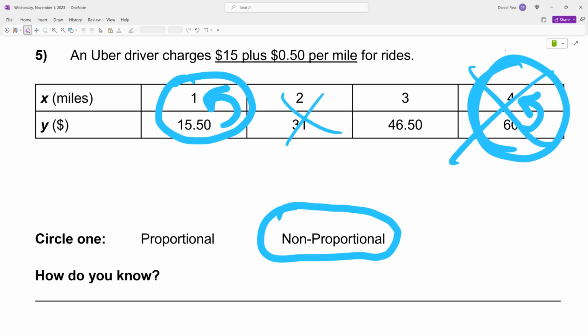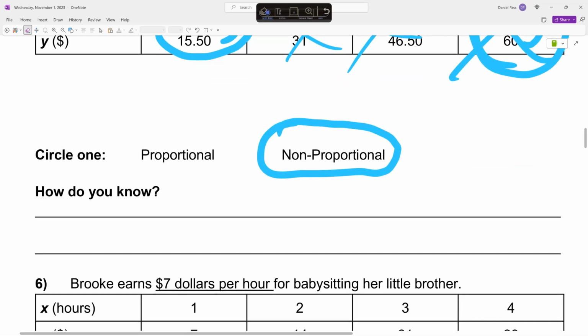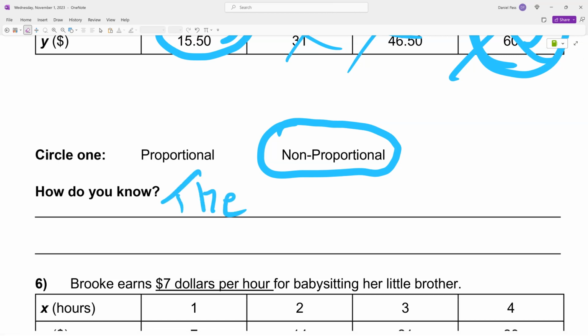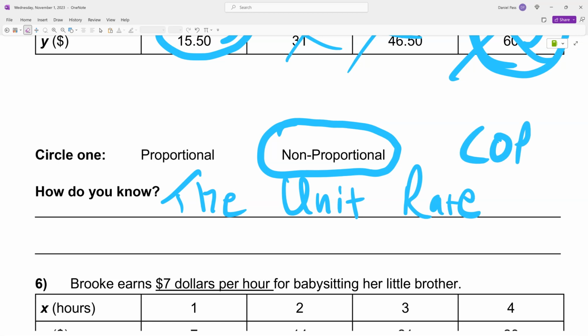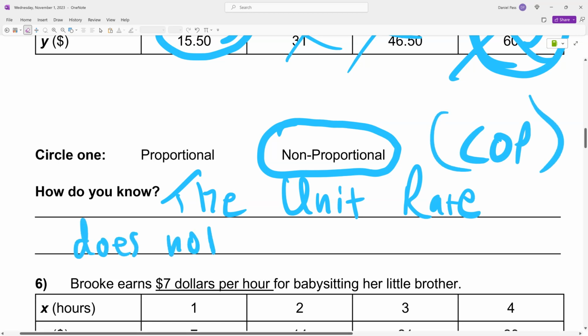So how do you know that it's not proportional? Because the unit rate does not stay the same. Or you could also write that the constant of proportionality does not stay the same.